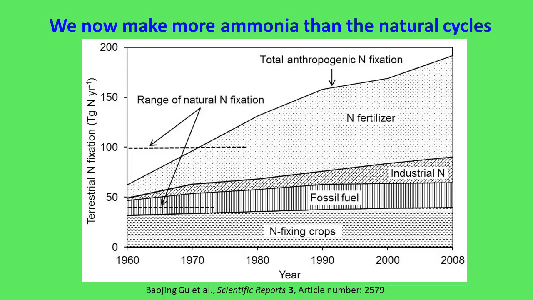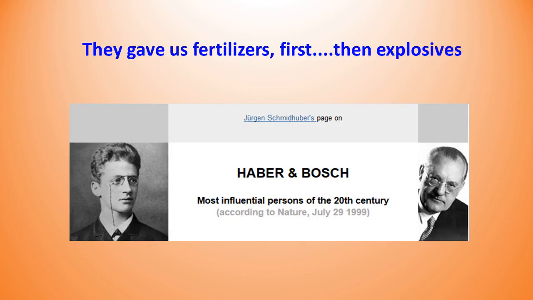So they worked hard on making an artificial process, and there were some very inefficient processes, sparking electricity through mixtures of nitrogen and oxygen, basically air. But Karl Bosch and Fritz Haber came up ultimately, working on two different aspects, to make industrial synthesis of ammonia very effective.